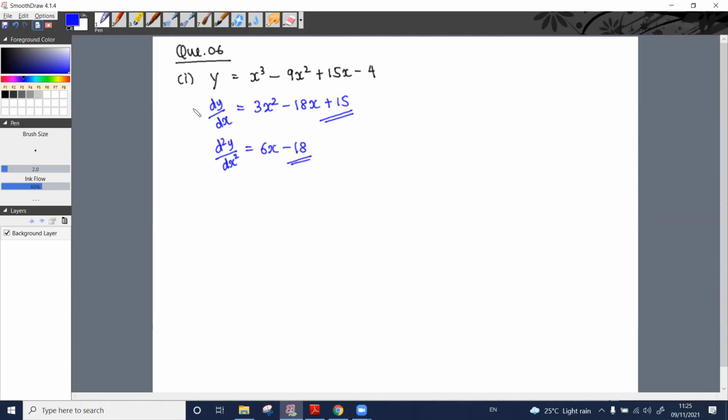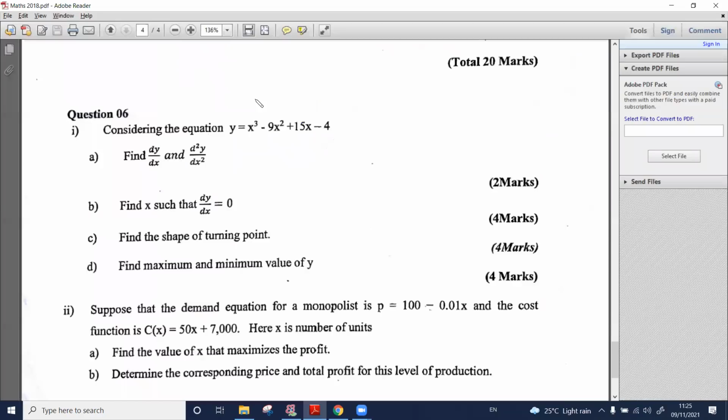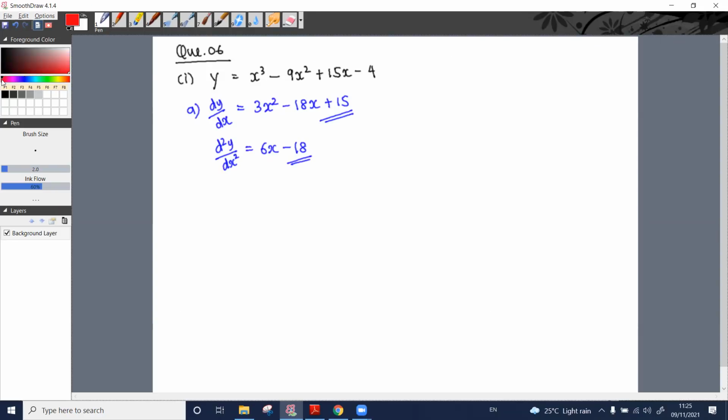First derivative and second derivative. So 2 marks, 1 mark for this one and 1 mark for this. So this is A.